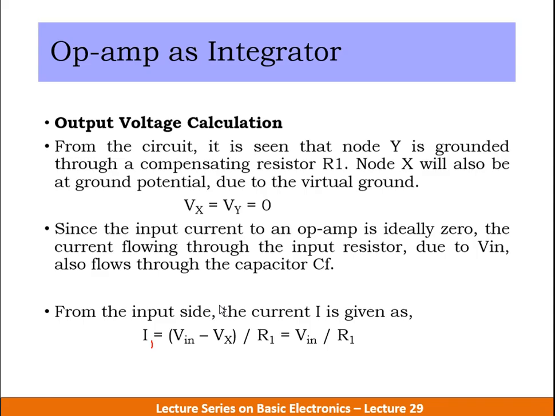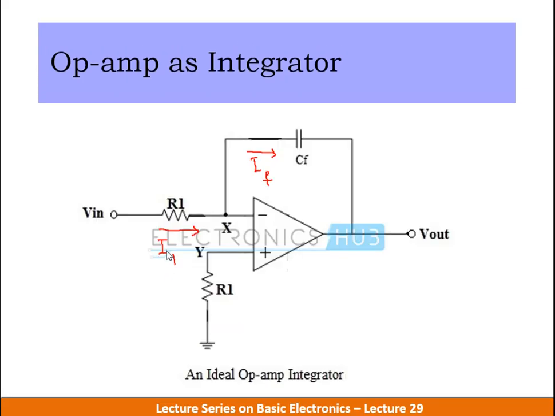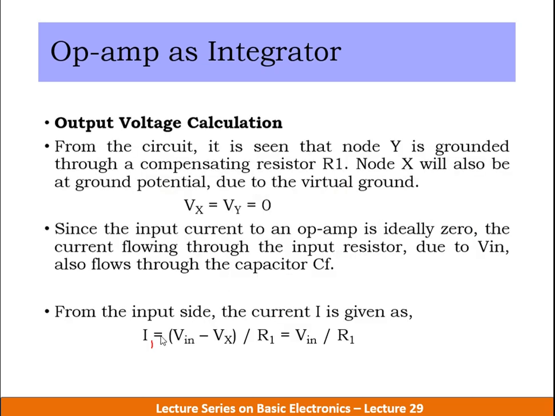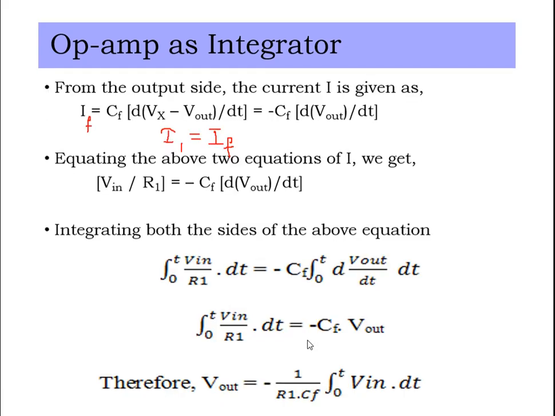From the input side, the current I1 is given as Vin minus Vx divided by R1. We already know that Vx is equal to 0. Substituting Vx equal to 0, we get I1 is equal to Vin divided by R1.